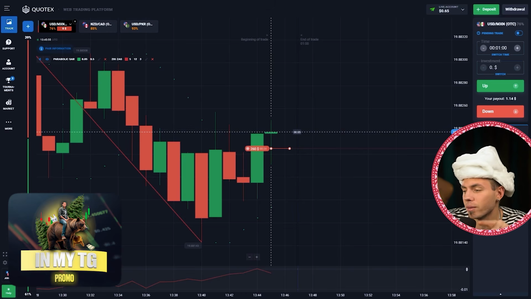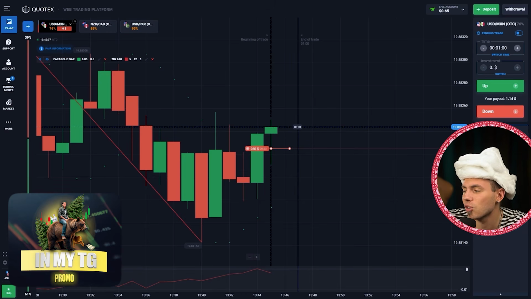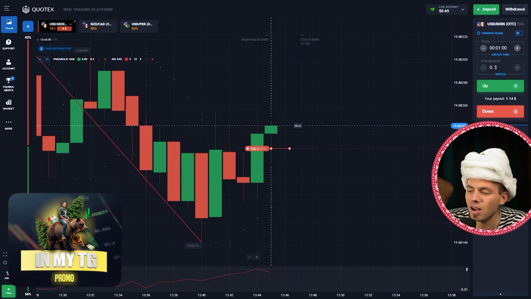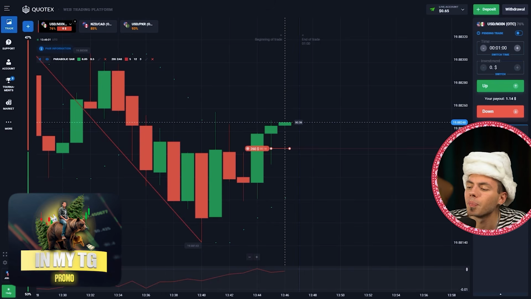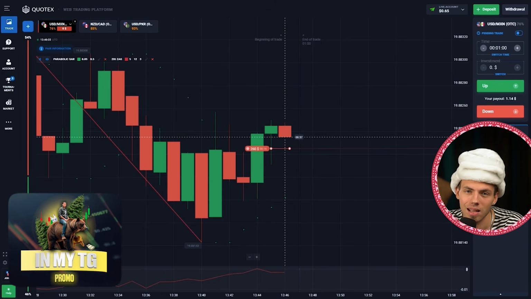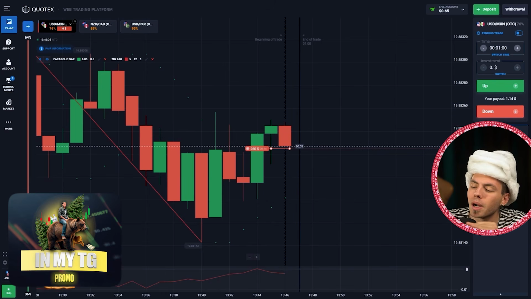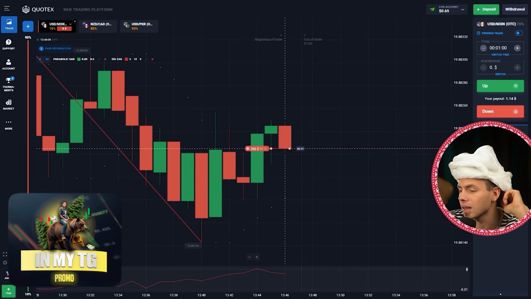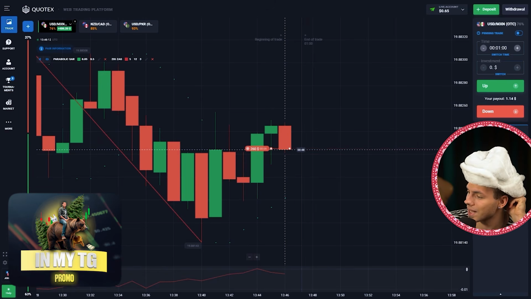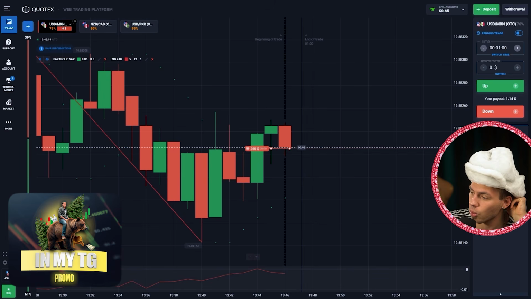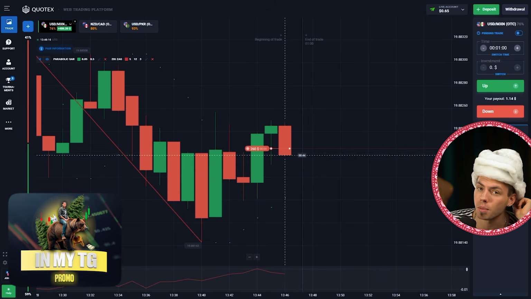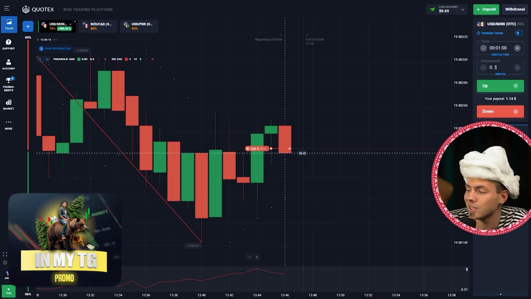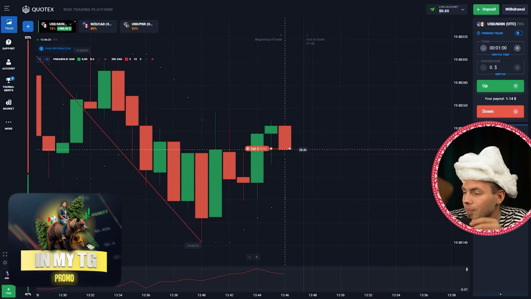Between these two levels we have very strong resistance, which means the price can oscillate in between these levels, but will definitely not break out of the upper level of this range. This means we will see the option going down, the short option, and all we need is to be a little bit patient, guys.